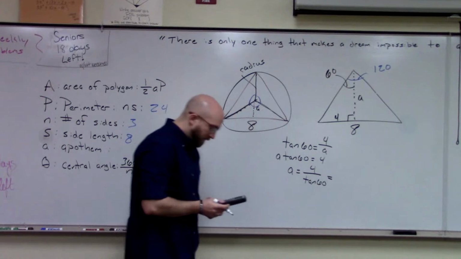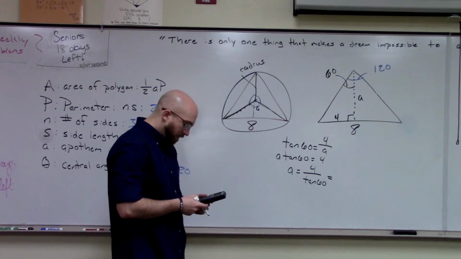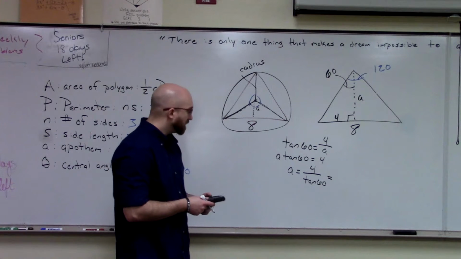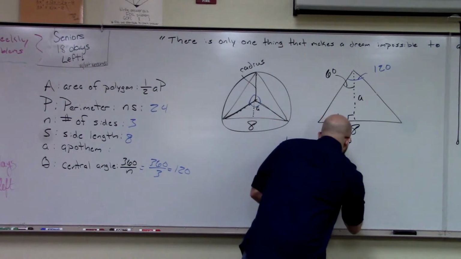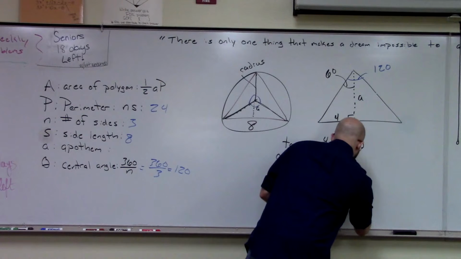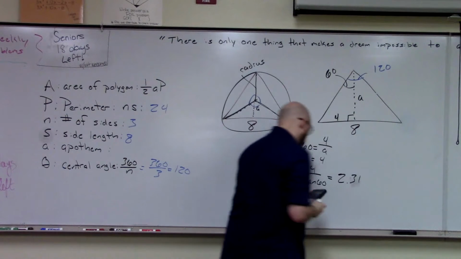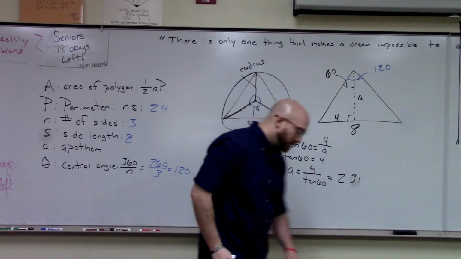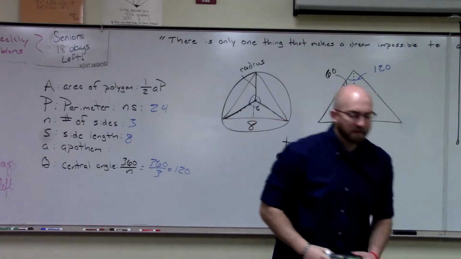Let's just go to the calculator. 4 divided by tangent 60. Make sure you're in the right mode. You should be in degree mode if you're using your graphing calculator. We get 2.31, rounding to 2 decimal places. We won't get an exact answer, but it's better than nothing.